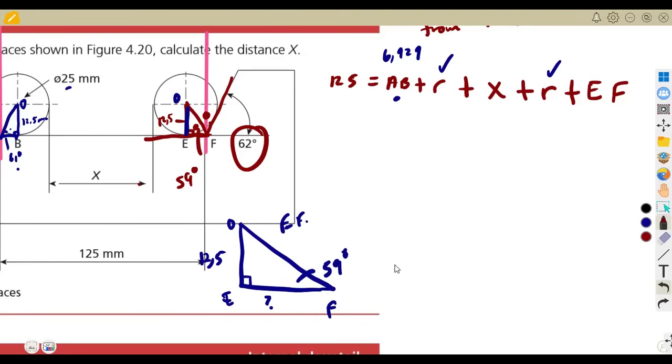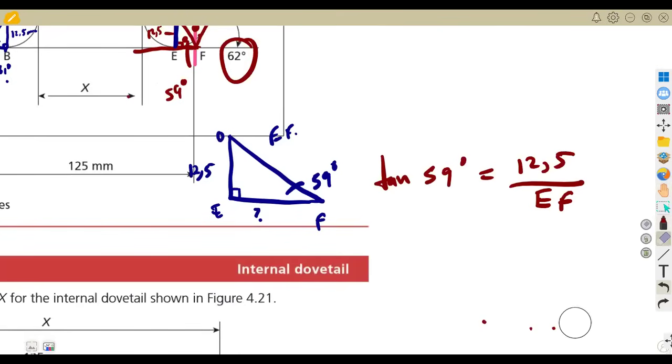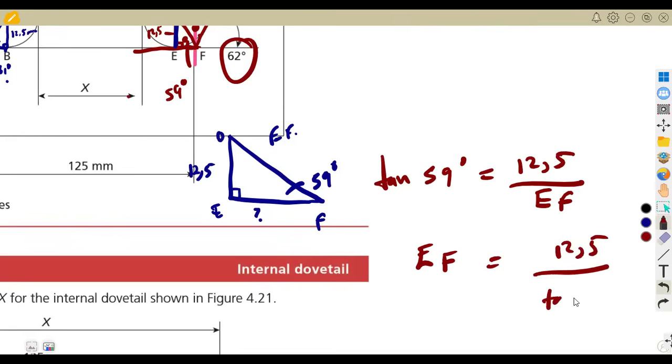Again, the same ratio, the tan. So the tan of the angle theta is equal to the opposite, which is 12,5, over the adjacent, which is EF. Just like the previous case, cross multiply, then divide, and at the end, EF is going to be equal to 12,5 over the tan of 59 degrees. So this is our EF.